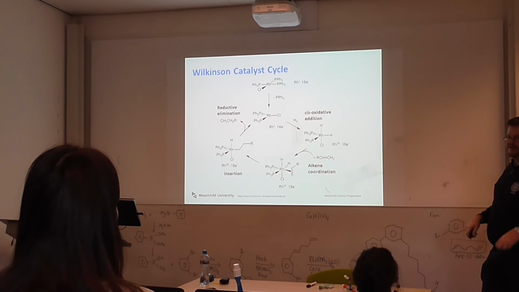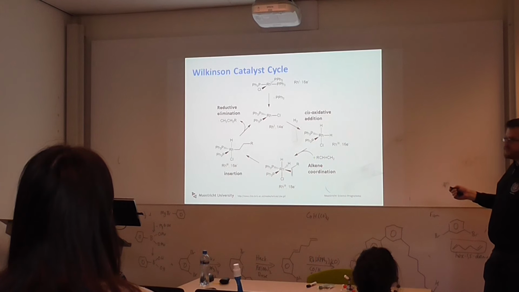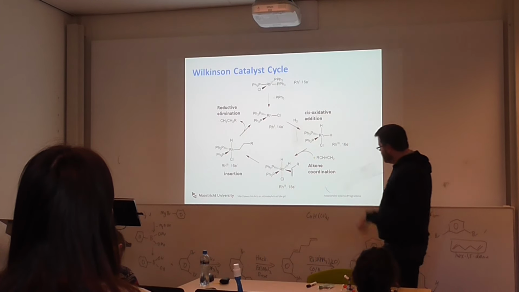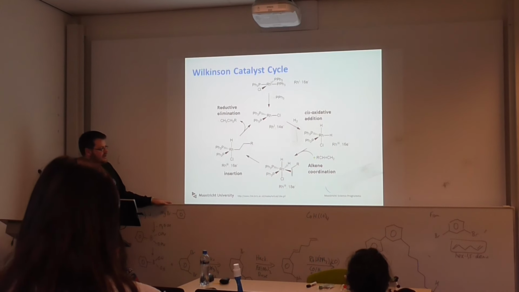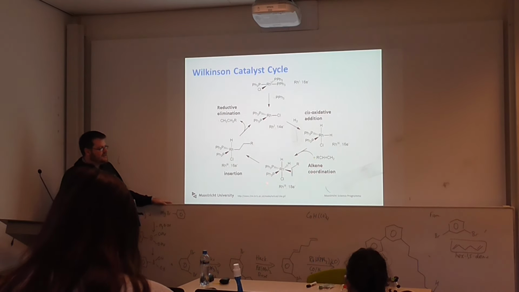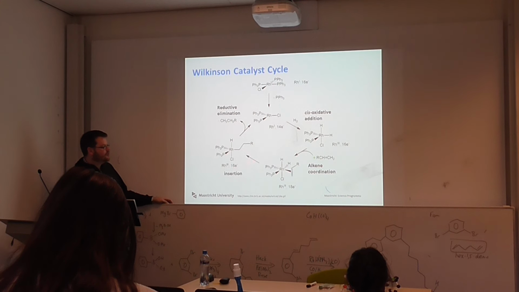Now we have a 16 valence electron compound. This can accommodate, according to the 18 valence electron rule, an alkene, right? And it does so. So the alkene coordinates, and we form this 18 valence electron six-coordinate system, which is very, very sterically congested. And because of the steric congestion, it pushes the formation of this rhodium-3 alkyl intermediate.